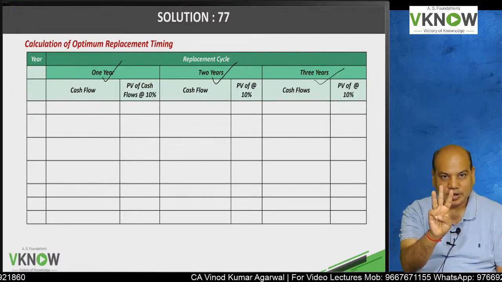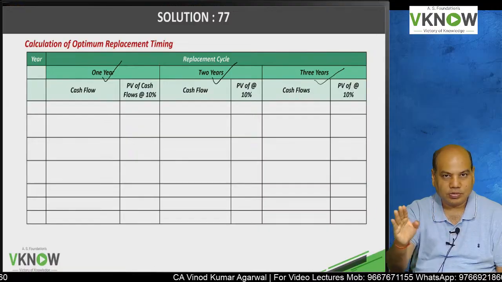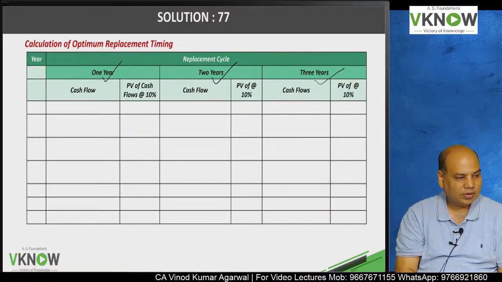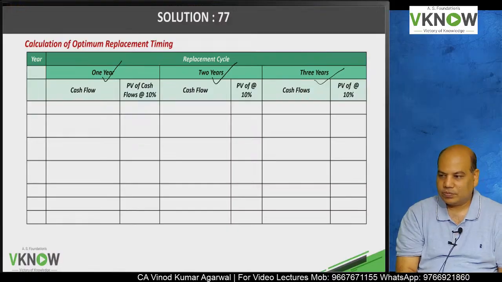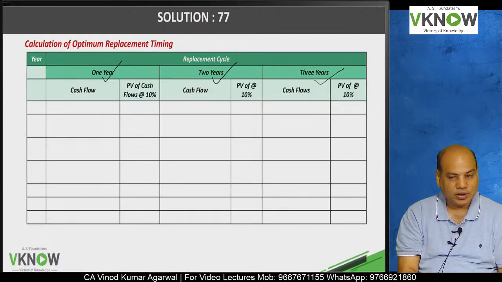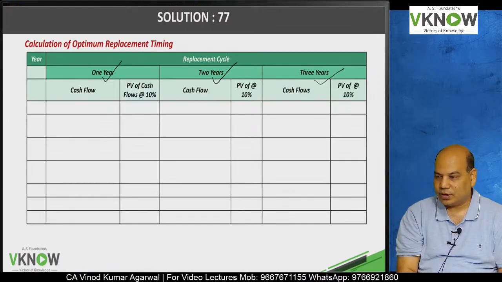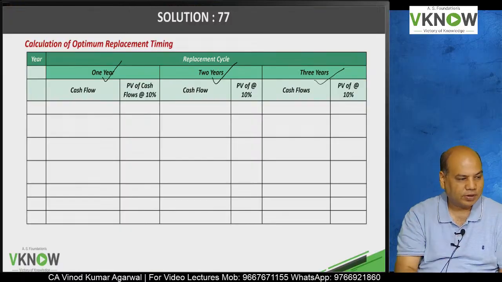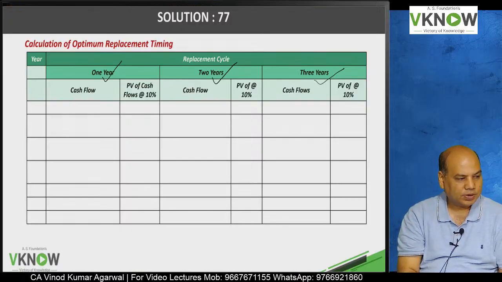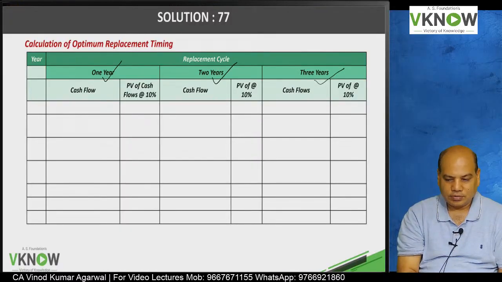Or you can prepare 3 tables, one for each cycle. Let us try this format. Up to 2 or 3 years you can fit in 1 table, but if the number of years becomes 4 or 5, it is difficult to fit in a small space. So write down in 1 table only.